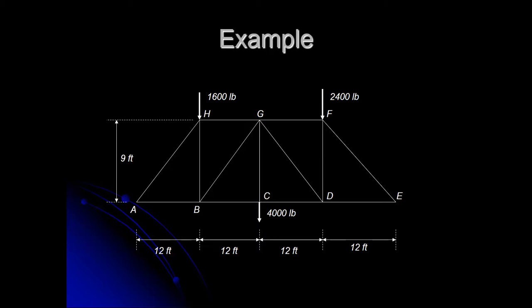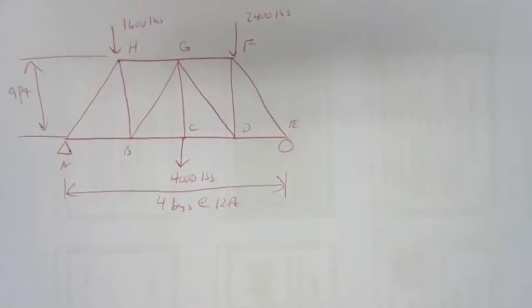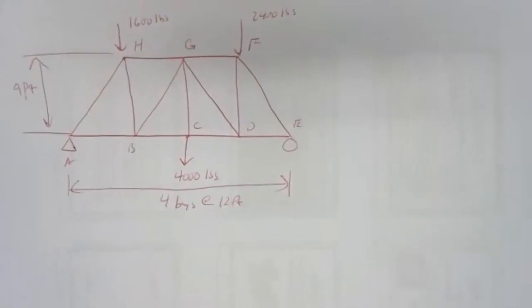And we have these 4 bays at 12 feet each. All right, so let's see what that looks like here. So there we go. We've got our truss set up there.